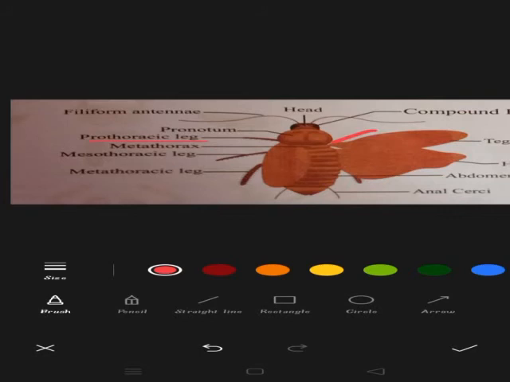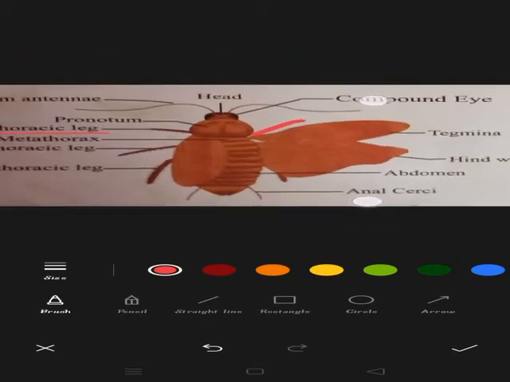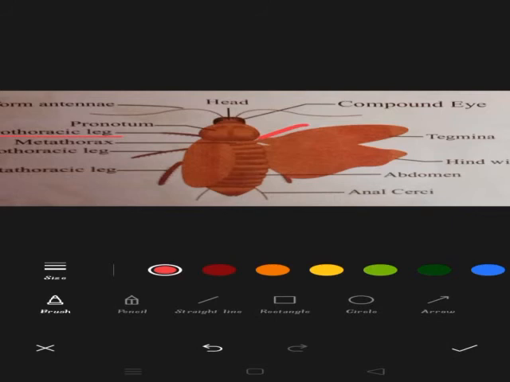The thorax also consists of two pairs of wings, and the two pairs of wings are called forewings and hindwings.